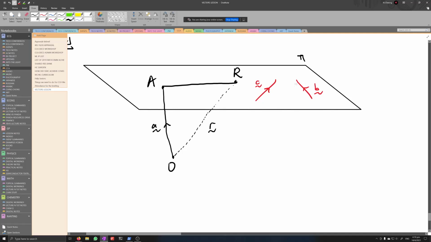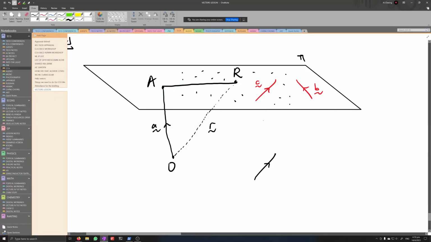So they are not parallel, and that will mean that if you want to get the representation of any point on this plane, then you could essentially create it from any combination of B and C. For example, if C is like that and your B is very short, then you get this point.